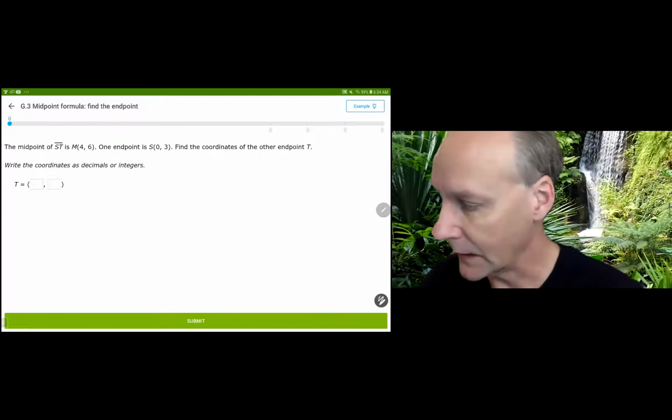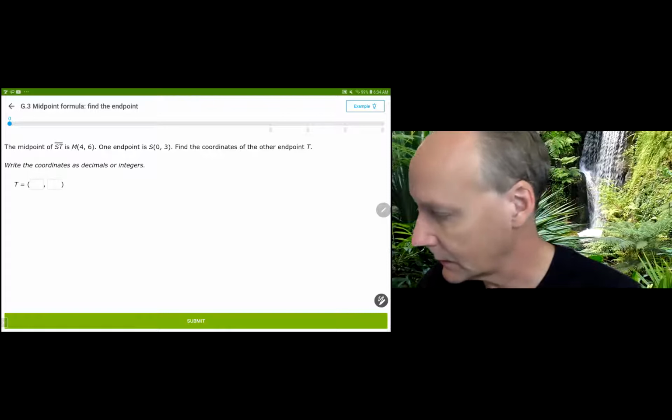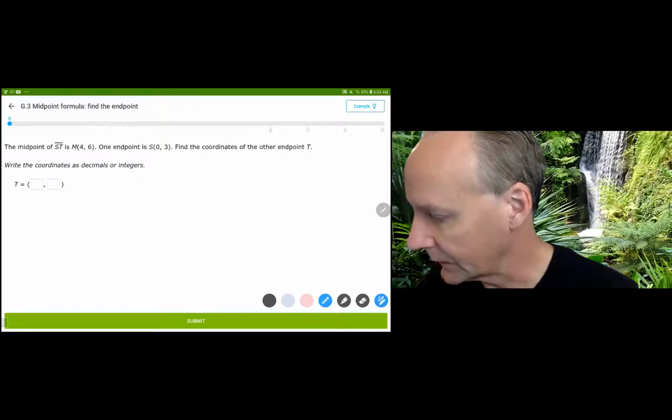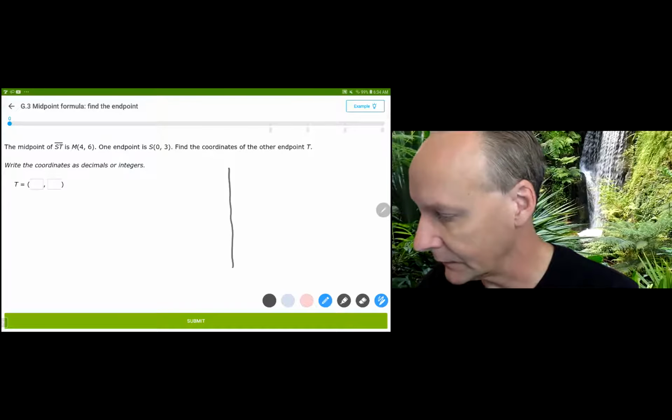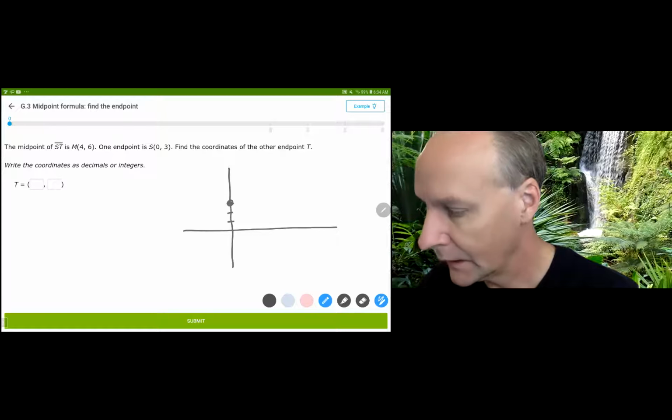I'm going to go ahead and just get a really quick, funky looking graph here for it. So 0, 3 is right here, and 4, 6 is right there, and this is our midpoint.